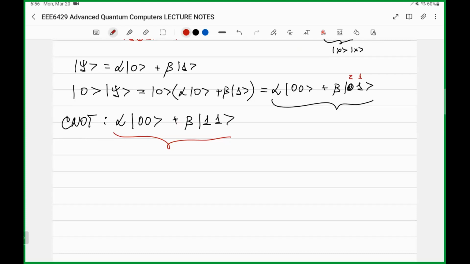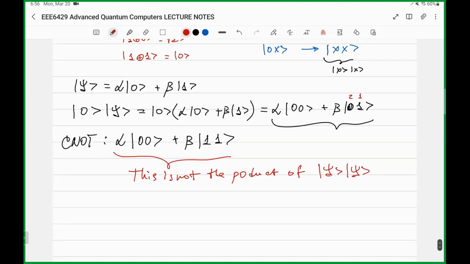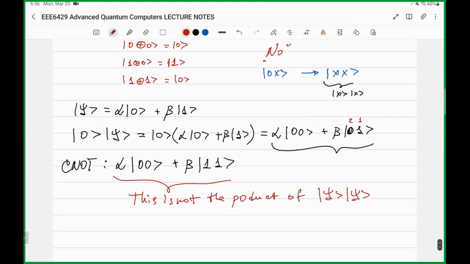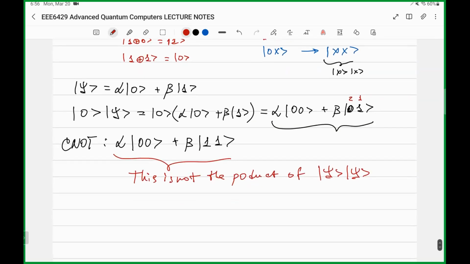But look, this is not the product of state psi. The product of state psi would be 4 terms, because my psi is here.